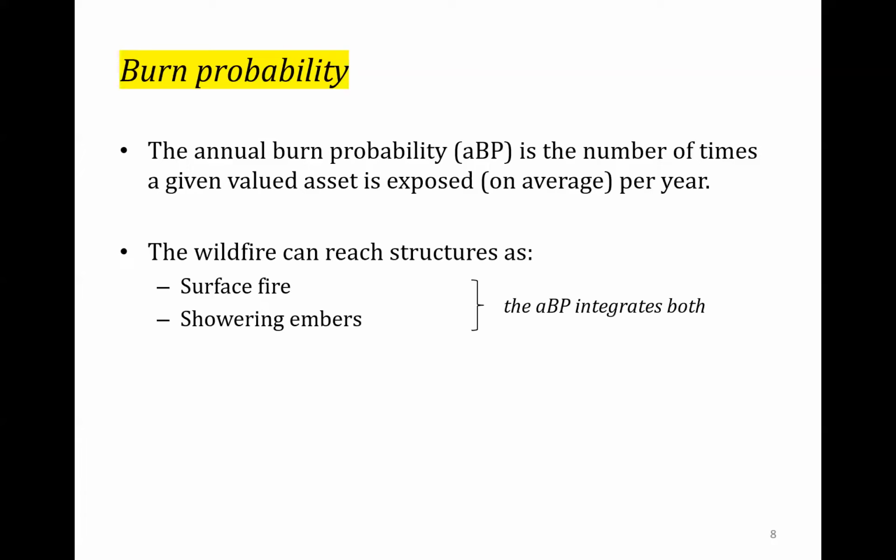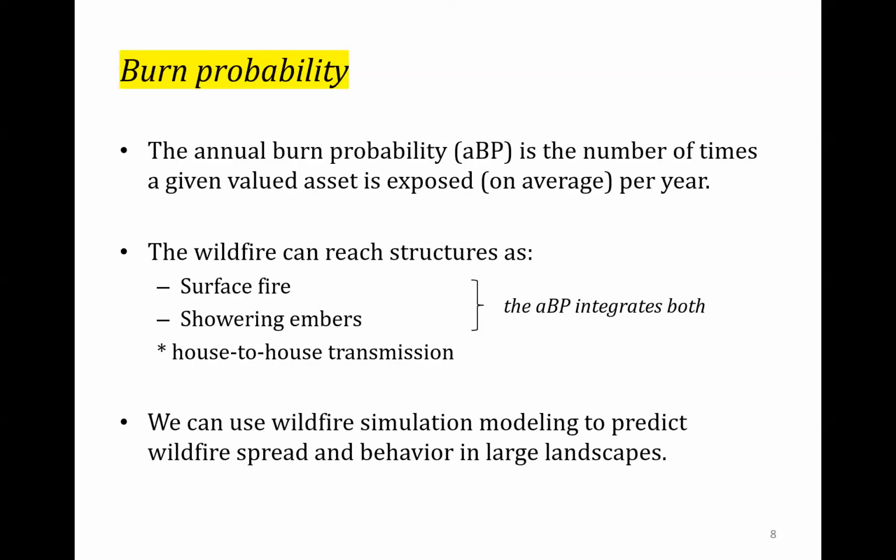Both components were integrated in this study to estimate the annual burn probability. And we have a third component, which is the house-to-house transmission. This third component was integrated in the second block in the susceptibility models as a home ignition zone variable.